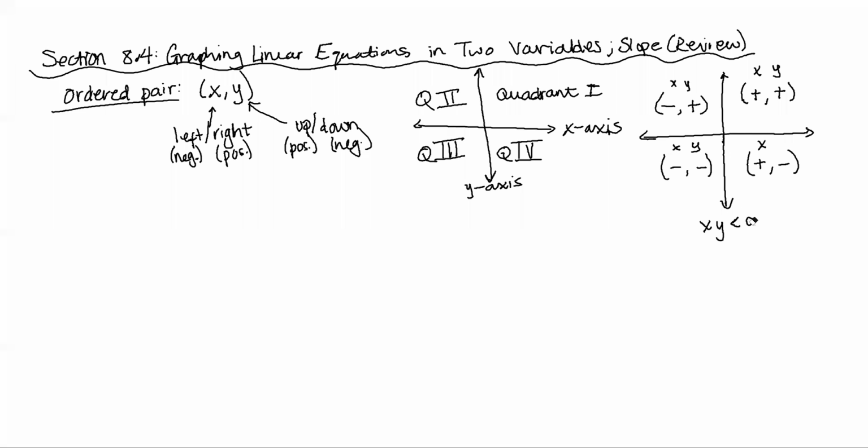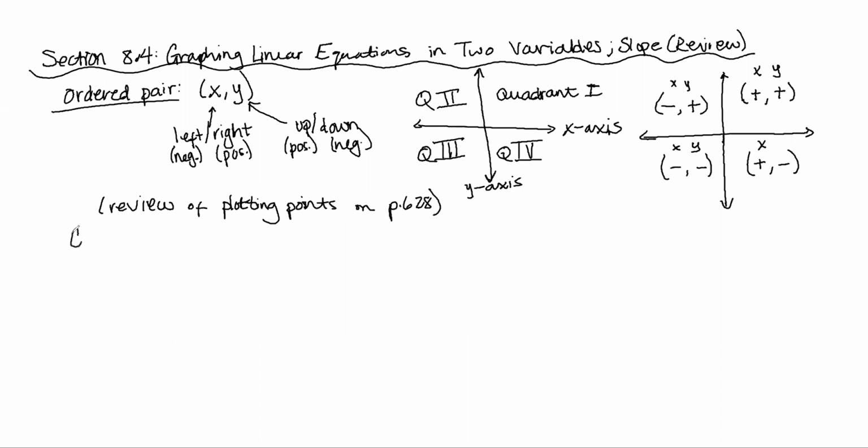I'm just giving you a hint about what they're asking. Okay, and if you want to review plotting points, because we're not going to go through a bunch of examples here, there is a review of plotting points on page 628 in the book. So that's just in the textbook online.